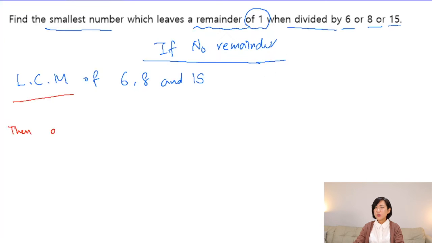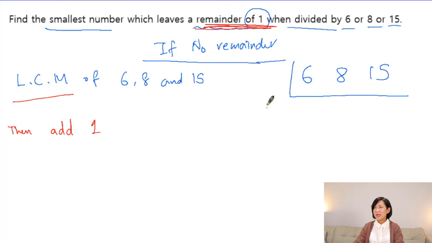Then once you find your LCM of the 3 numbers, what you need to do is just add 1, because 1 is the remainder. So let's find our LCM of the 3 numbers, 6, 8, 15. Let's start with 6 and 8, 2 goes into them 3 and 4, then carry down the 15.